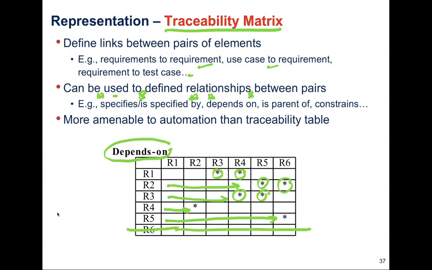So tracing the dependency relationship helps in identifying conflicts in requirements, and in identifying, if a requirement changes, which other requirements would also change, using the depends-on relationship as an example. So if we monitor a change on requirement 6, we know for sure that a change of control should be established for requirement 2 and also for requirement 5.